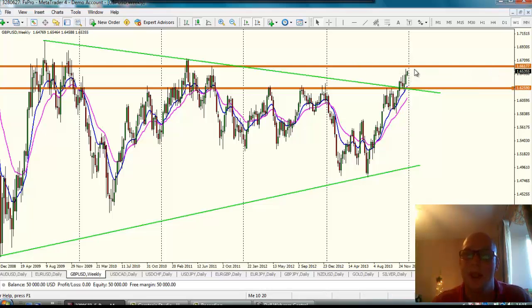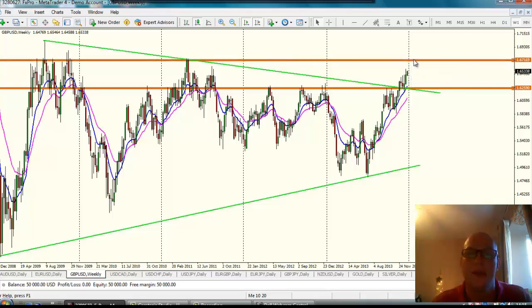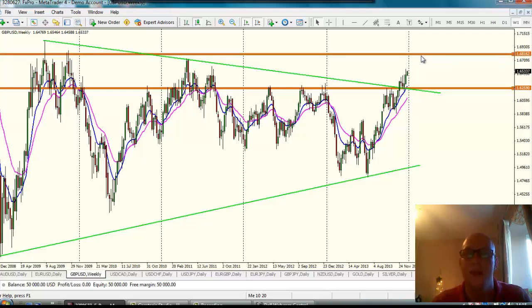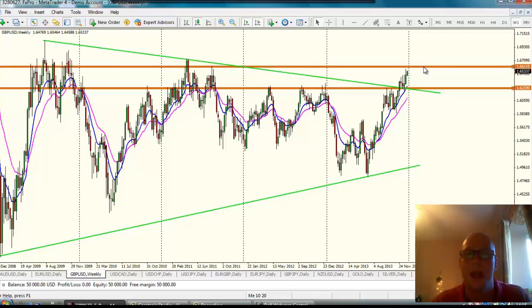Now that's not to say that price will interact with that level, but at the moment that's all we have to go with. If price for some reason goes straight on through that level, I will then move it up to there, see if we get a reaction there. If not, we could be looking at these highs here, but for now that is the next level that price interacted with in the past. All we have to go with is past data.